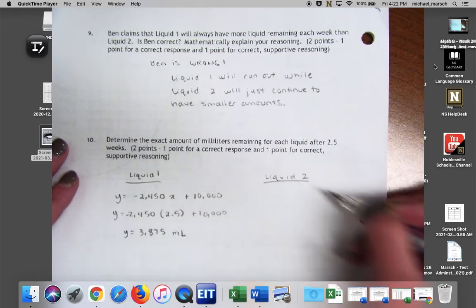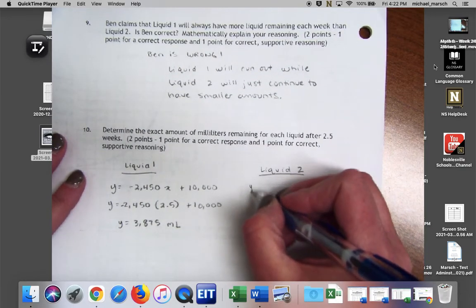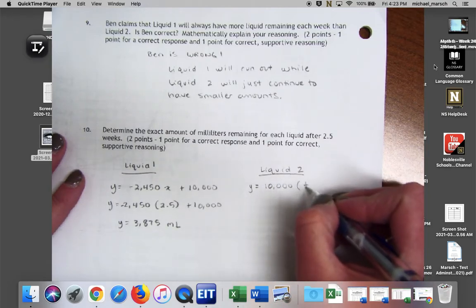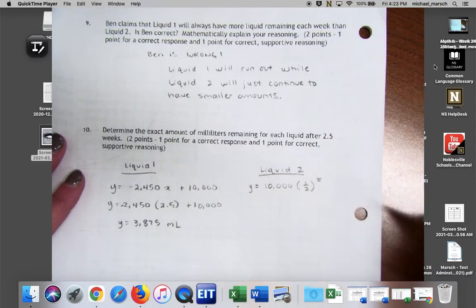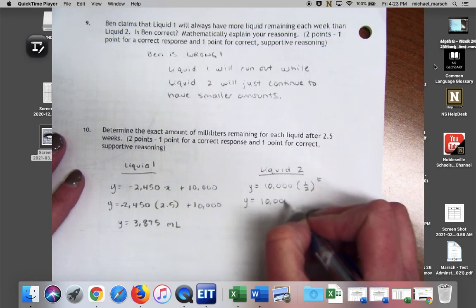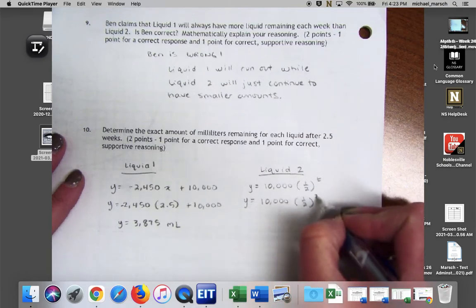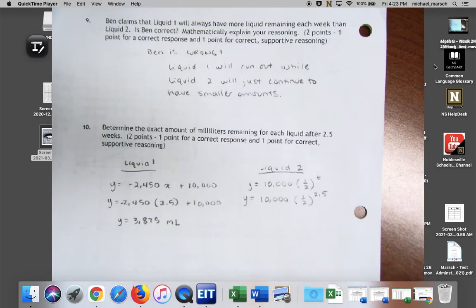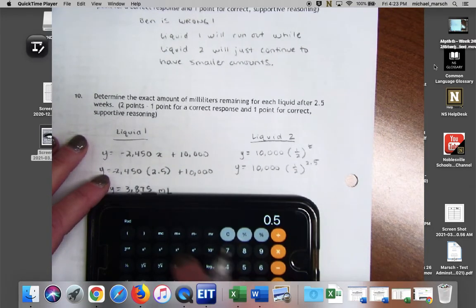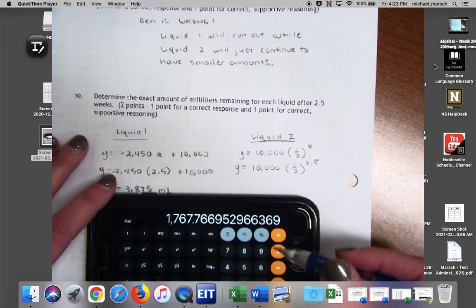Liquid 2. Remember our function was y equals 10,000 times the quantity 1/2 raised to the t. So we're going to have y equals 10,000 times 1/2 raised to the 2.5. So I'm going to do 0.5 raised to the 2.5 and get this fun number times 10,000, and I'm going to get 1,767.77.